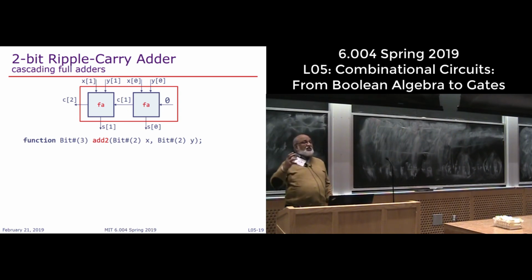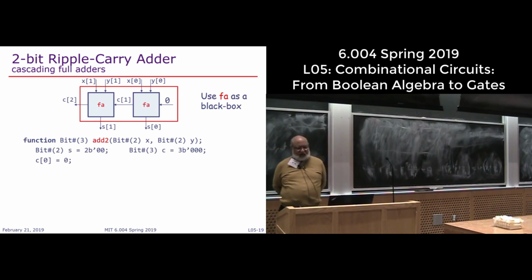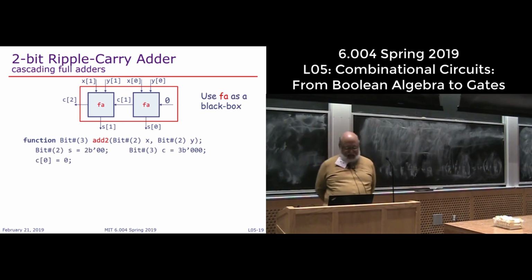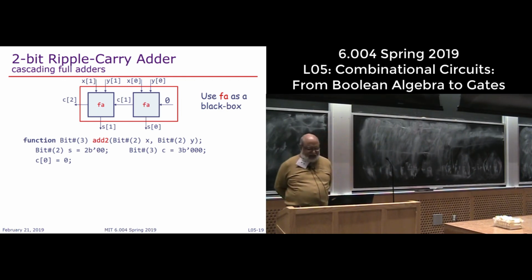Now we're going to use the full adder as an abstract thing. We just have to wire it up, right? And the wiring is already shown to you, what you have to do. So you can just first declare S and C. So notice that S is going to be, the sum bits are going to be 2 bits.